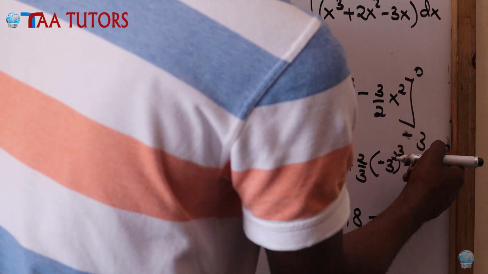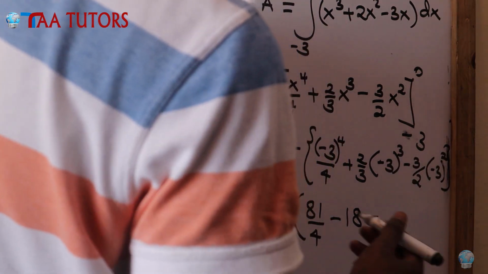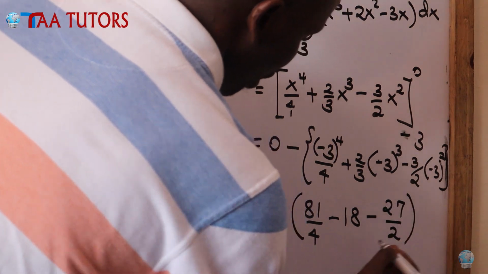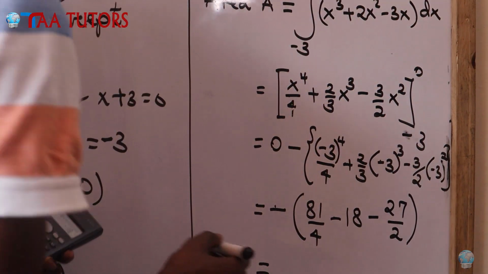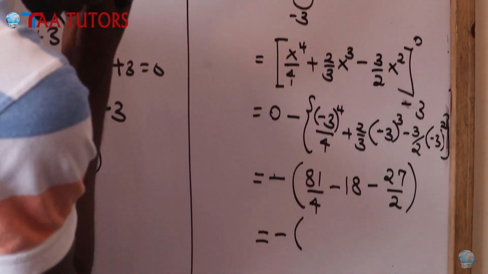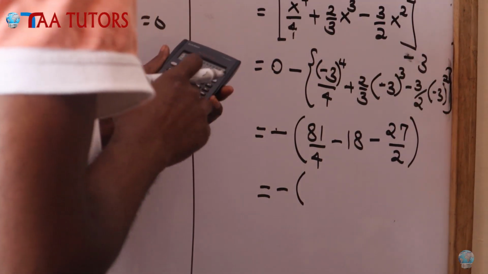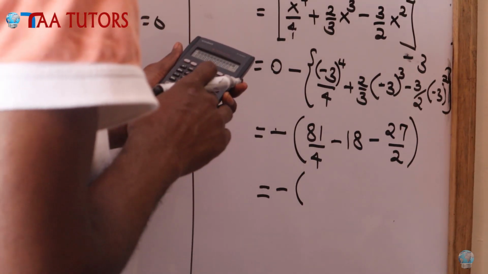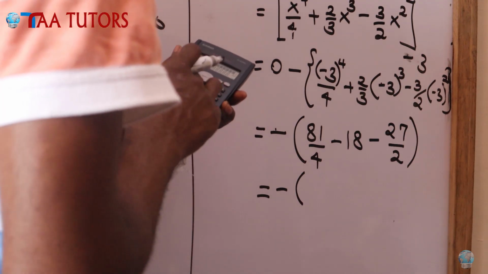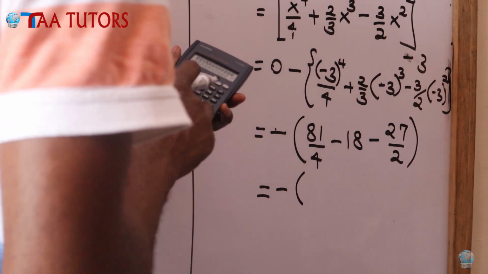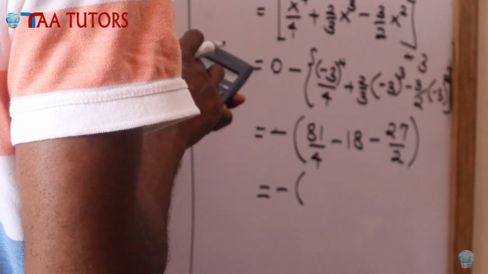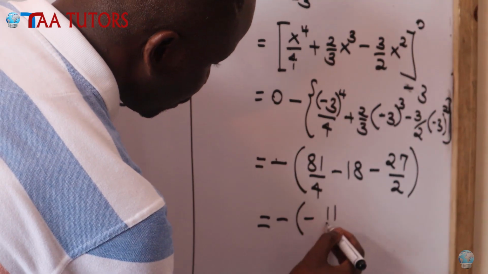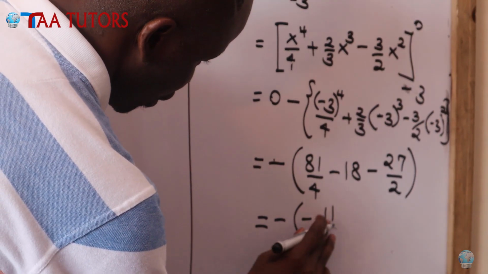Minus, 3 squared is 9, 9 times 3 is 27 over 2. So this will be negative, in bracket, 81 divided by 4 minus 18 minus 27 over 2. We get negative 11 and a quarter.